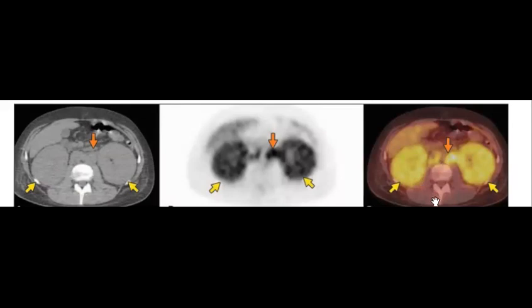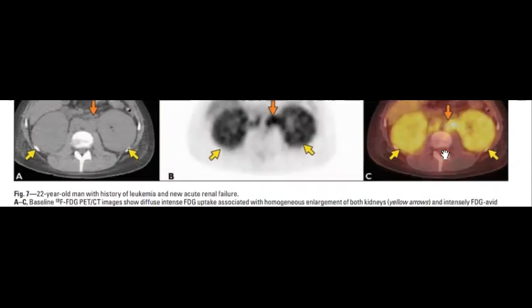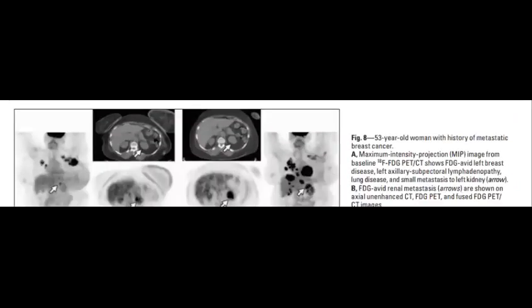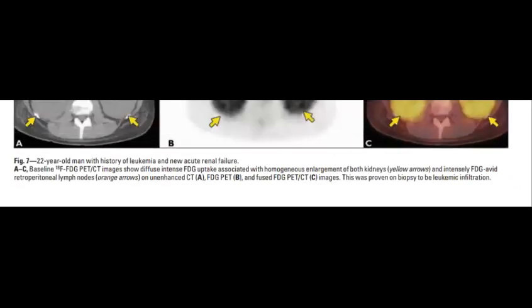So you have here diffuse high uptake. This patient already has a history of leukemia, and he developed acute renal failure. And you can see again the retroperitoneal lymphadenopathy. So this is what it is: leukemic infiltration. Yes, leukemic infiltration.